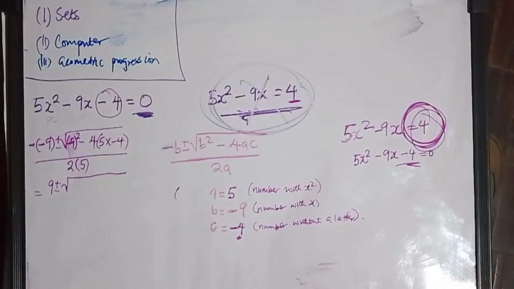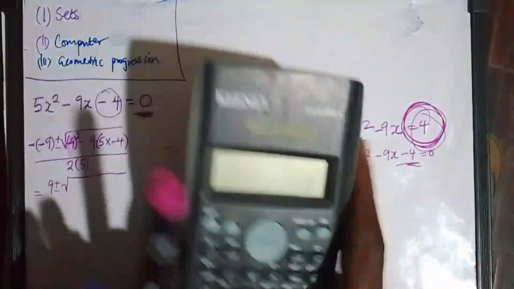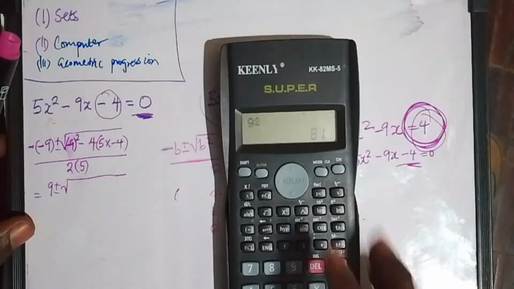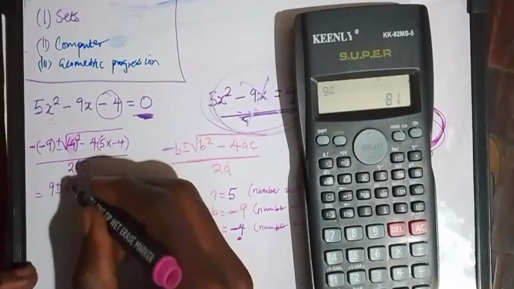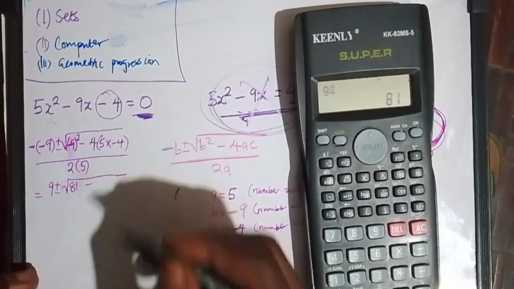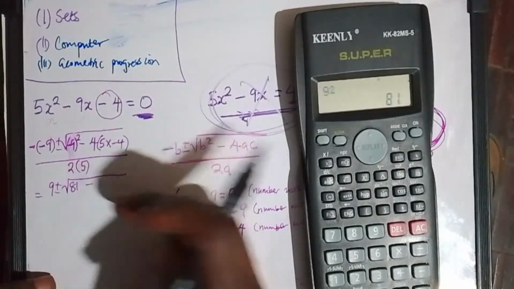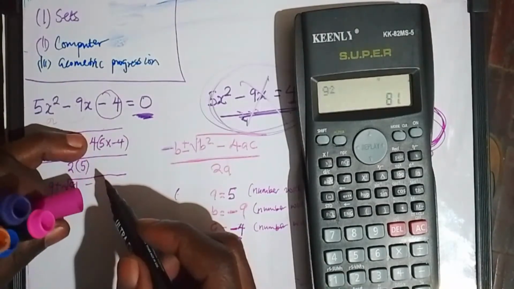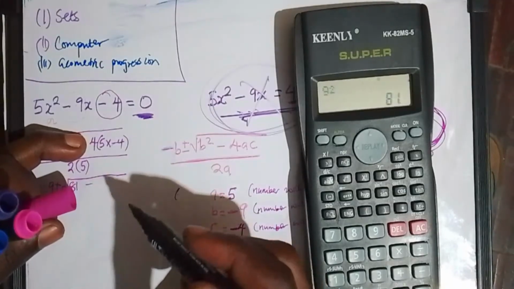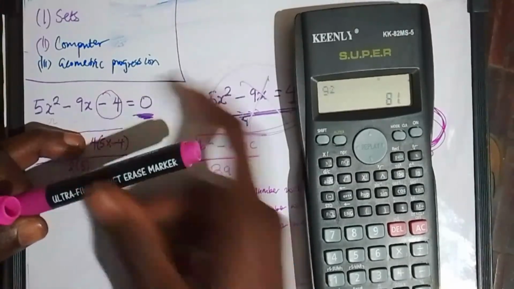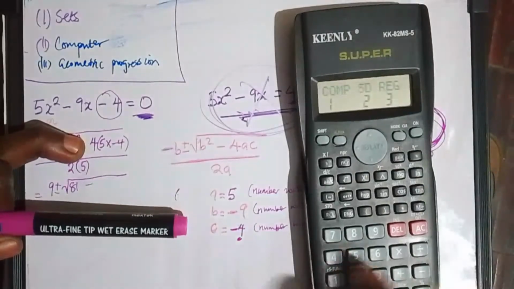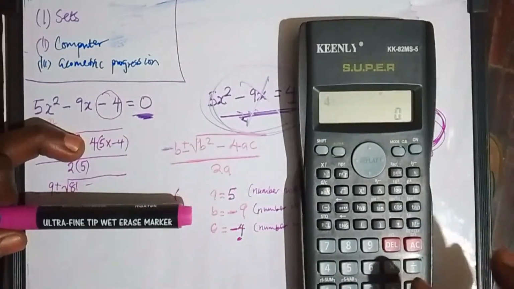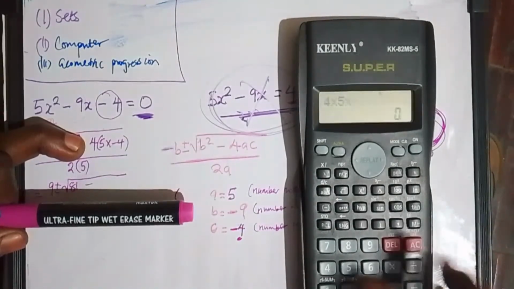What is negative 9 squared? This is paper 2, you are allowed to use the calculator. So 9 squared, we have 81 minus. Now, what is 4 times 5 times negative 4?